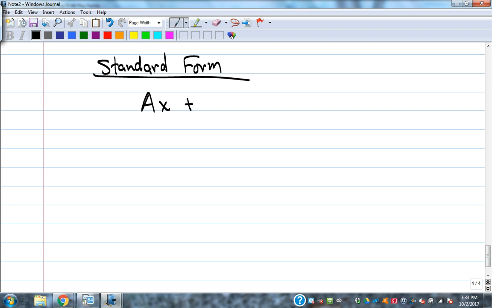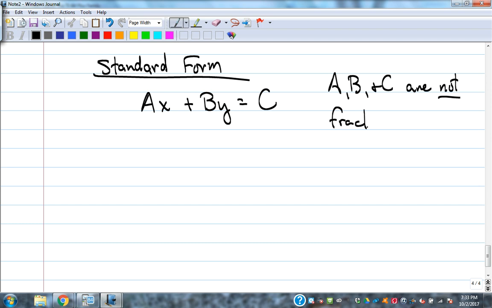They use ax plus by equals c. A, B, and C are not fractions. That's the rule. If there are any fractions involved, you got to get rid of them. Okay, that's the rules for standard form.